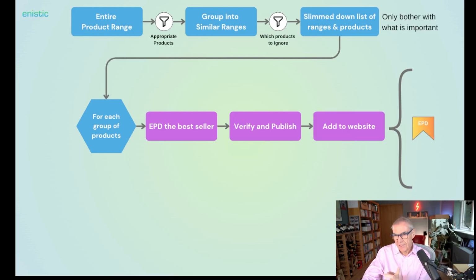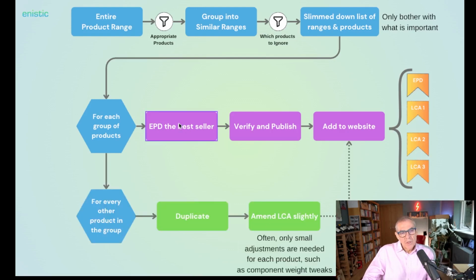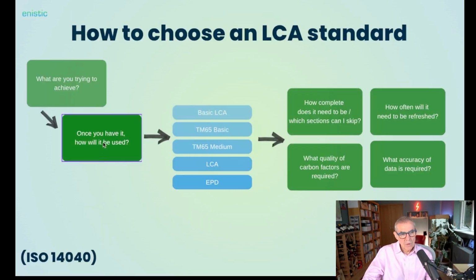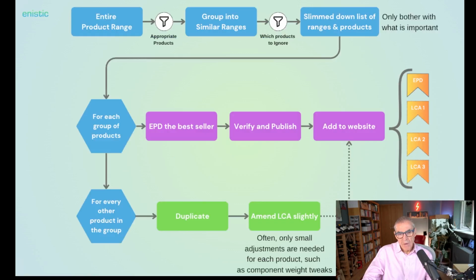Okay, and this is the secret sauce component. I'll just bring the next slide up, which is once you've got the EPD for the bestseller, if I were you, I would think about going back to why you're doing it in the first instance, about whether you really need an EPD for every other product in that group.